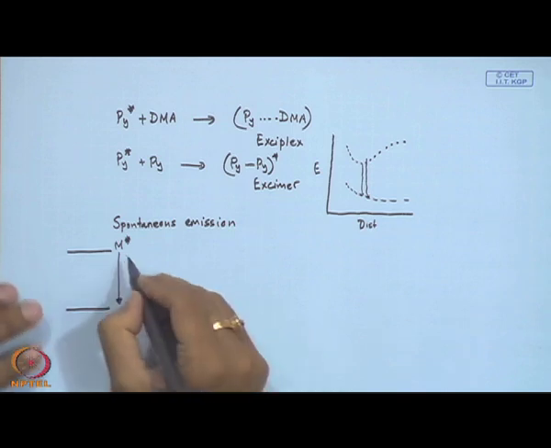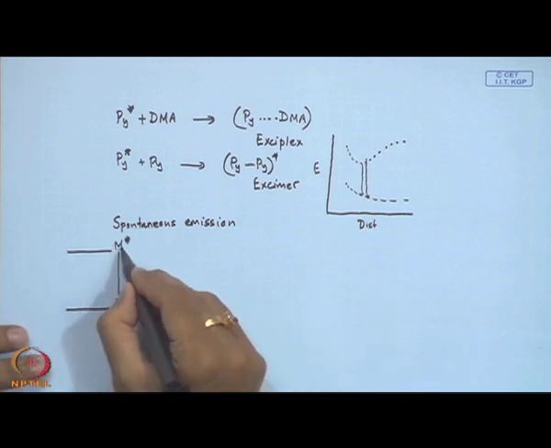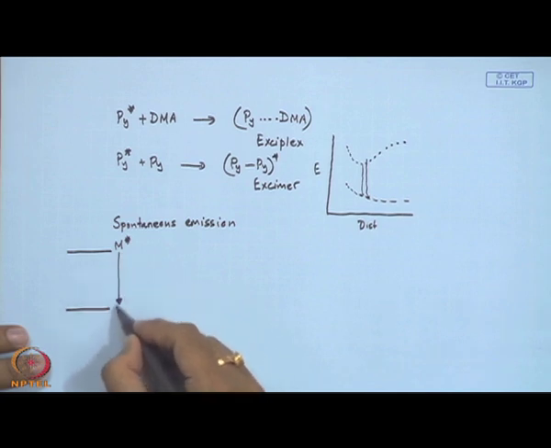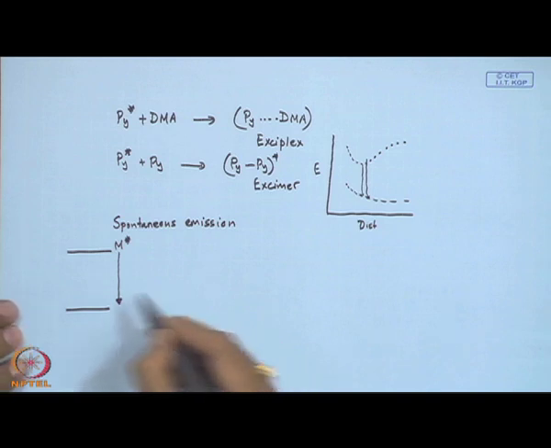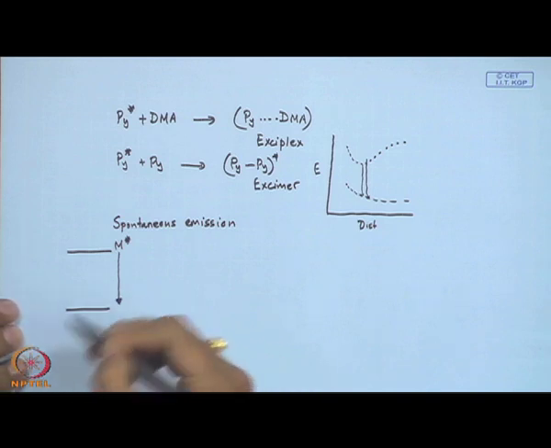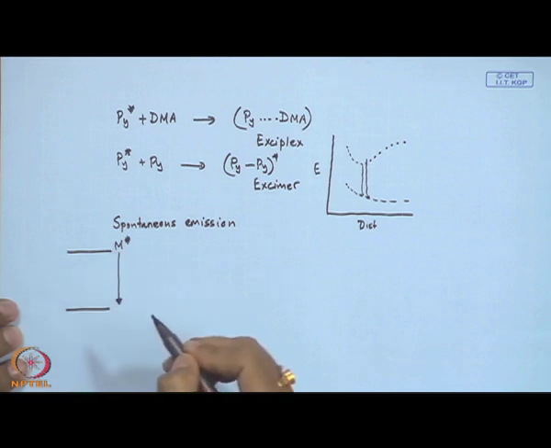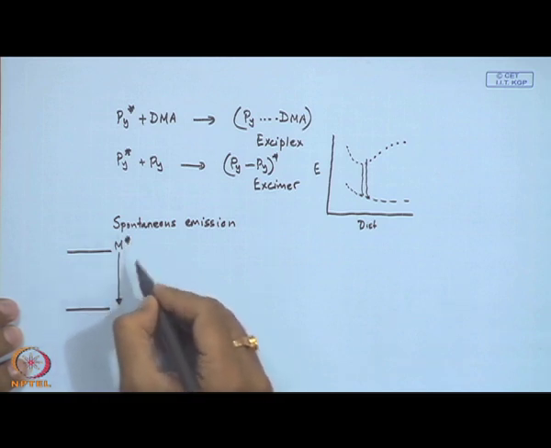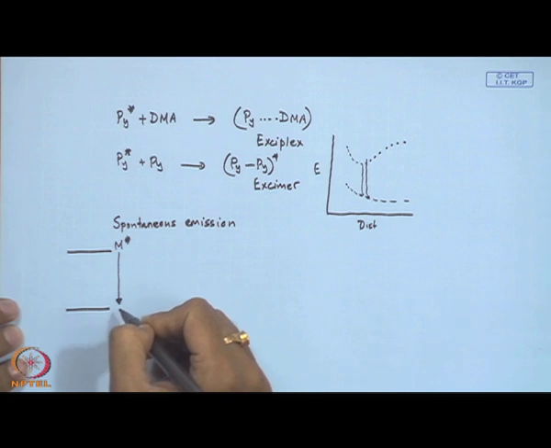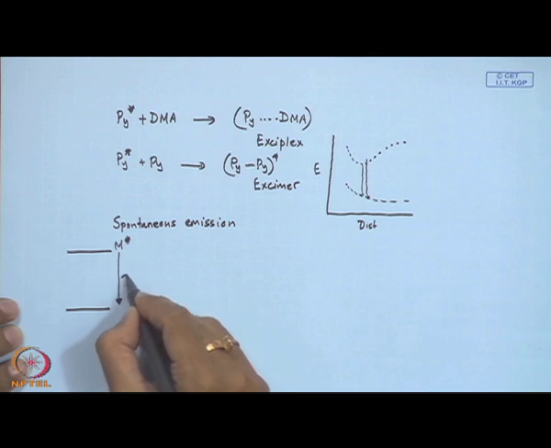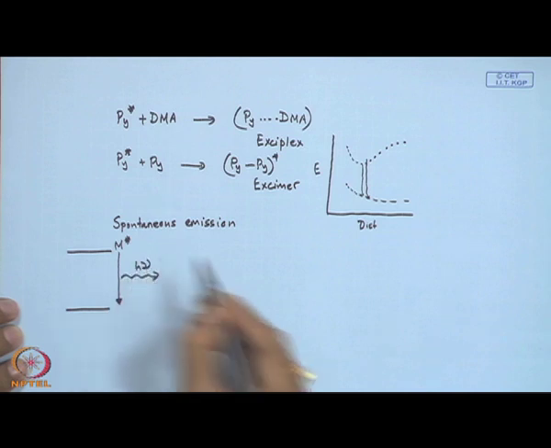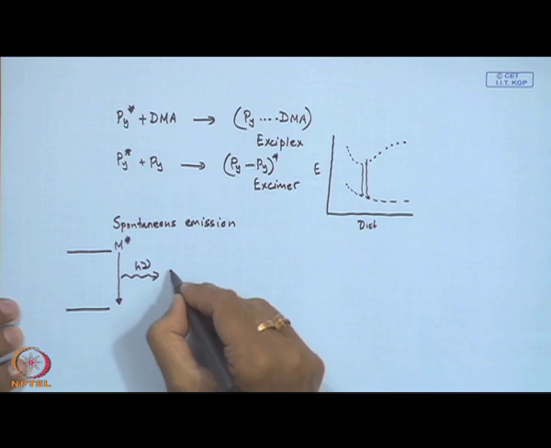But suppose the probability of spontaneous de-excitation to the ground state is less, then you can bring in another frequency that will stimulate M star to undergo de-excitation, giving rise to photons, and that is called stimulated emission.